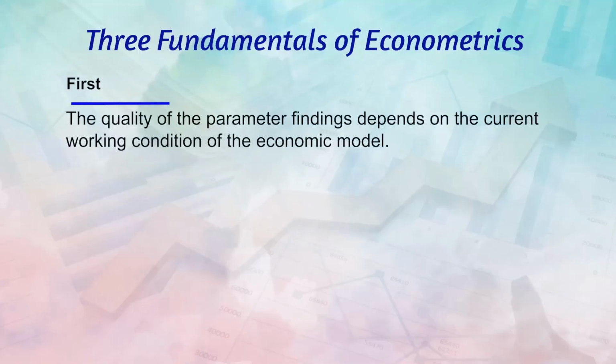Regarding the econometrics methodology, we go by three fundamentals. Firstly, the quality of the parameter findings depends on the current working condition of the economic model. What do we mean by the statement? First of all, what do we mean by the parameter? A parameter is the characteristic of the population which is estimated based on the sample.